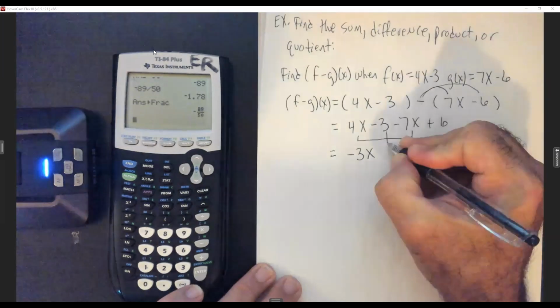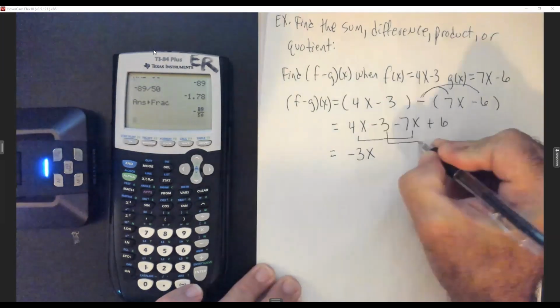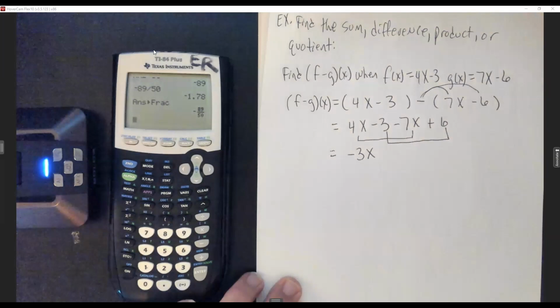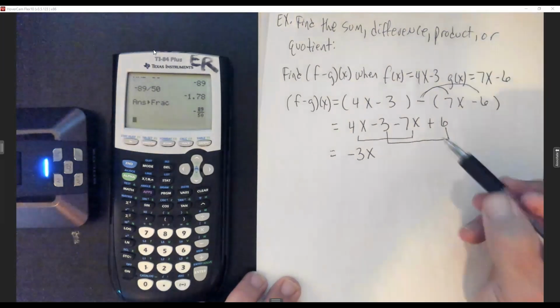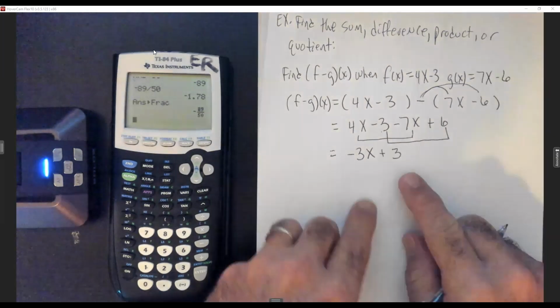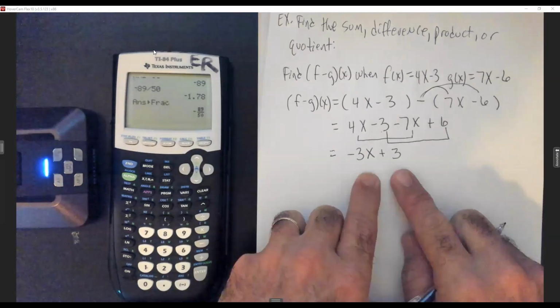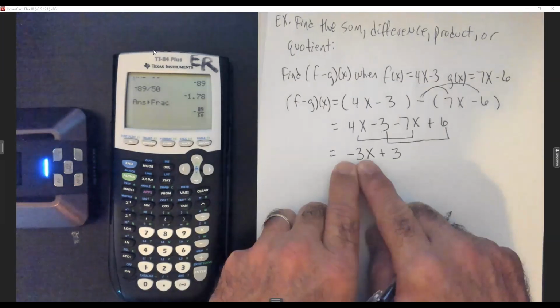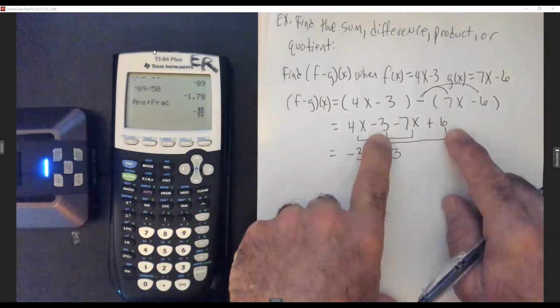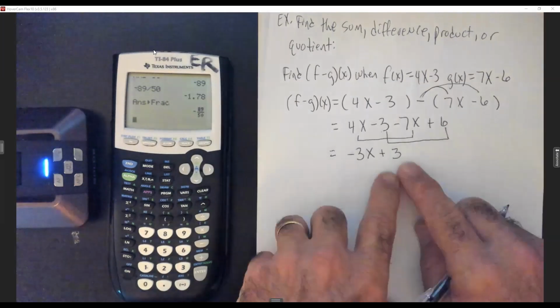That negative 3 will add to that 6. So that's basically 6 minus 3, which will be a positive 3. So notice when you add, since this larger variable was negative, the variable stayed negative. And since this larger number was positive, the number stayed positive, okay?